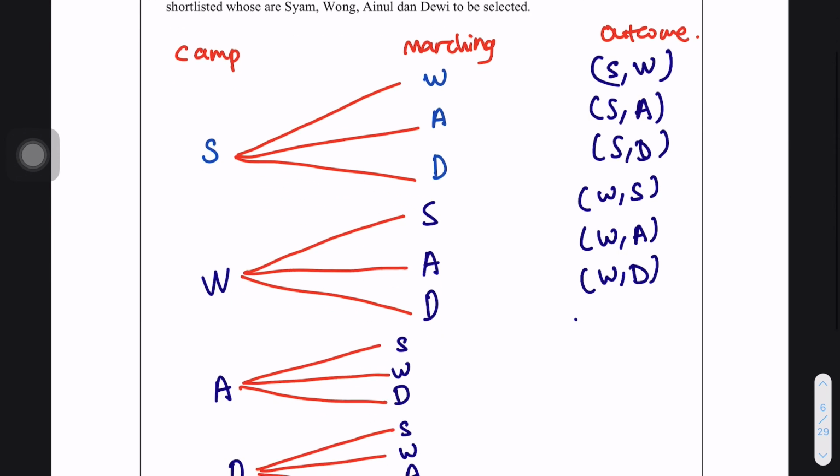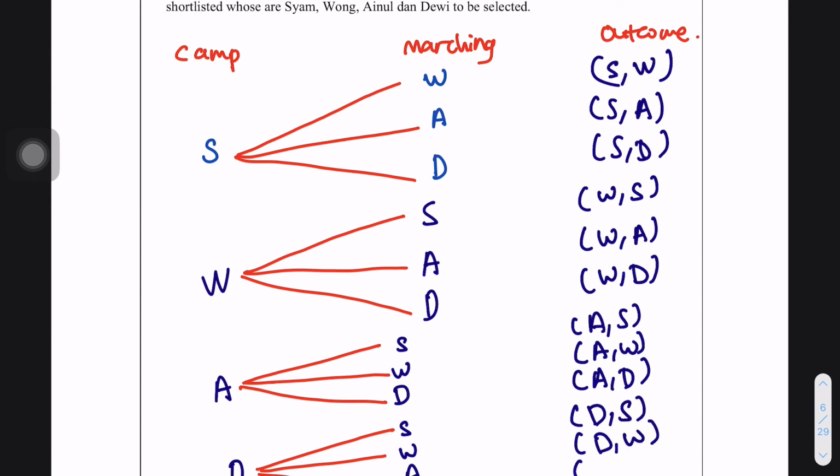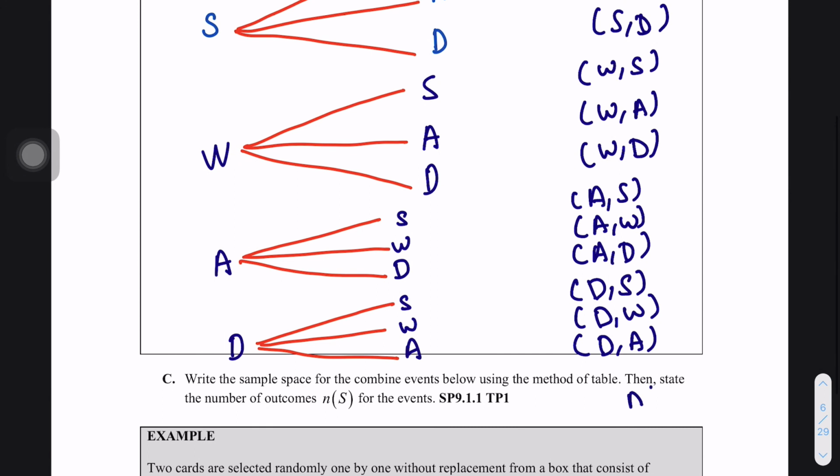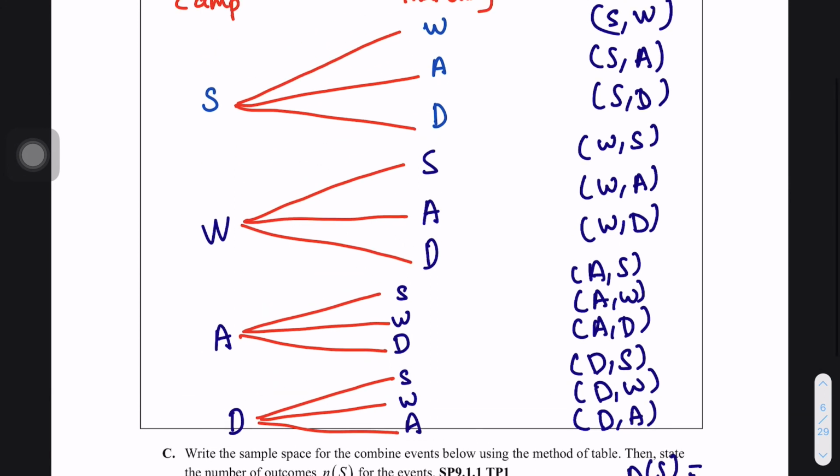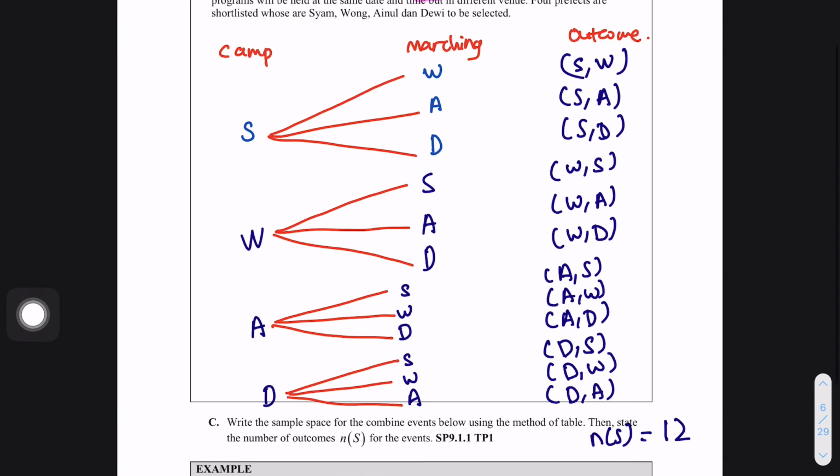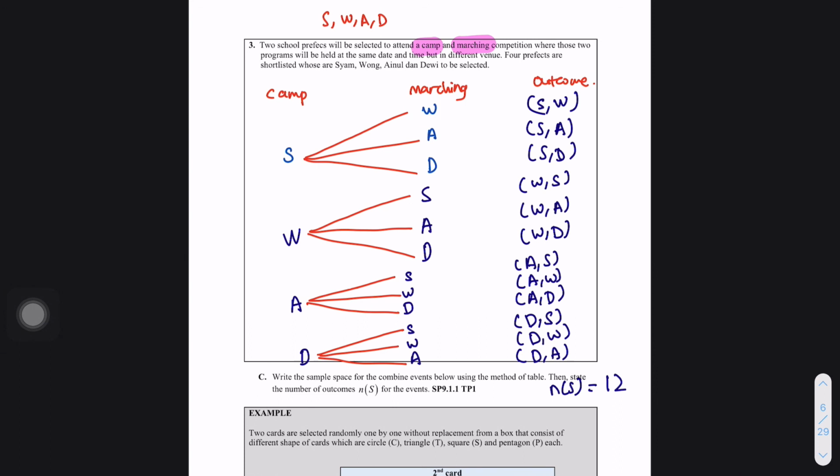Next we have Ainul Sham, Ainul Wong, Ainul Dewi. Dewi Sham, Dewi Wong, and Dewi Ainul. So the number of outcomes, you can count: 1, 2, 3, 4, 5, 6, 7, 8, 9, 10, 11, 12. So that's how to solve number 3.